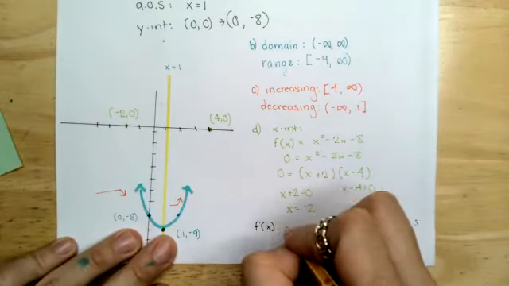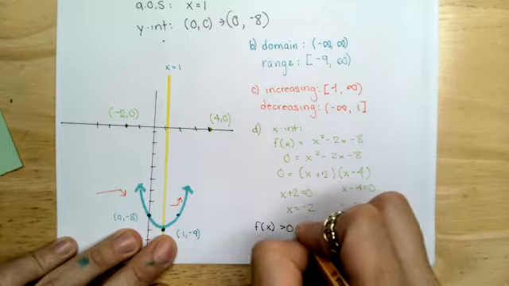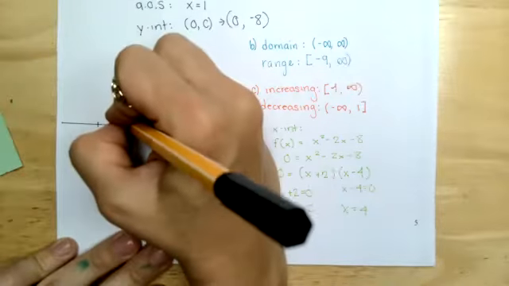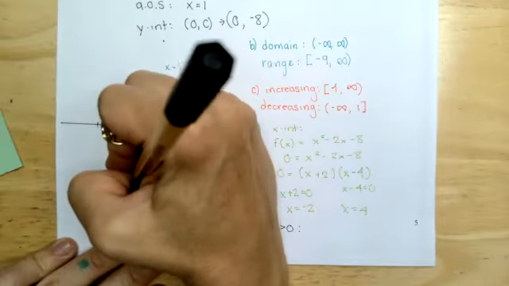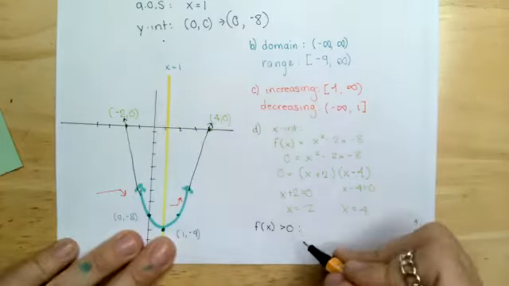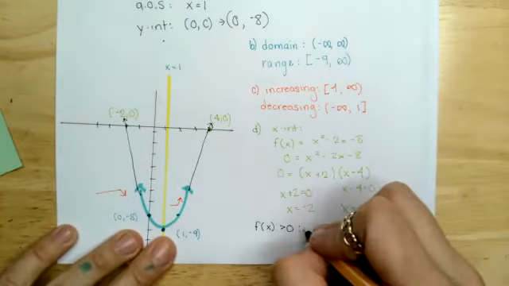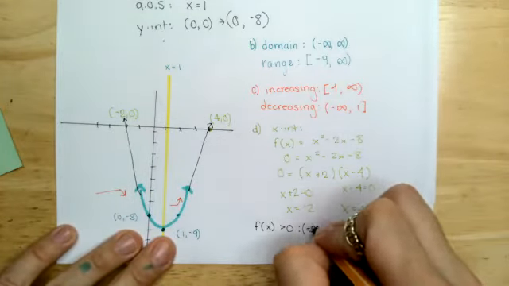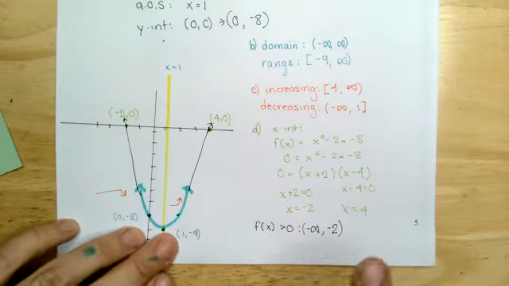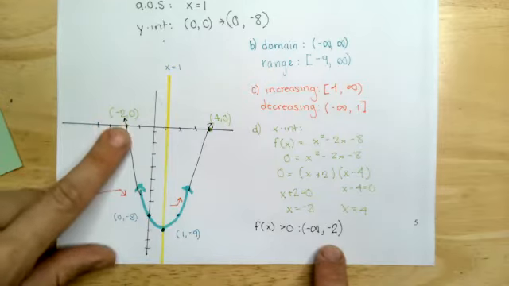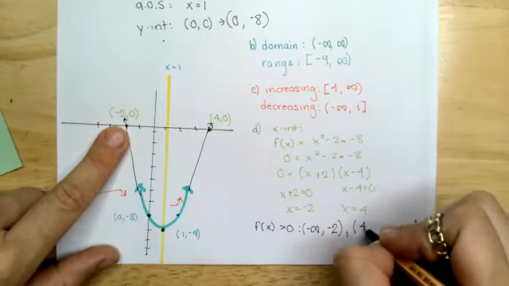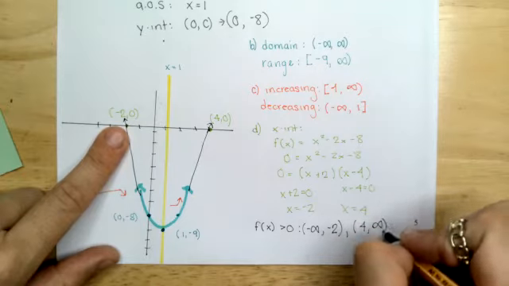So where is it above? F of x is greater than 0 at, right? So if we imagine it continues, it's greater than 0 at -infinity to -2, not including, because that is where it becomes 0, and 4 to +infinity.